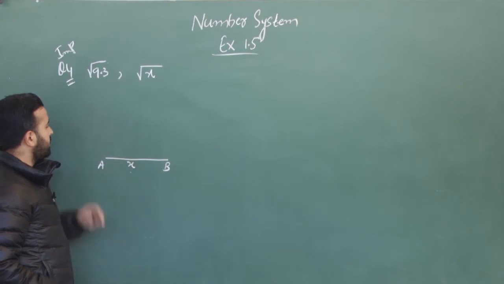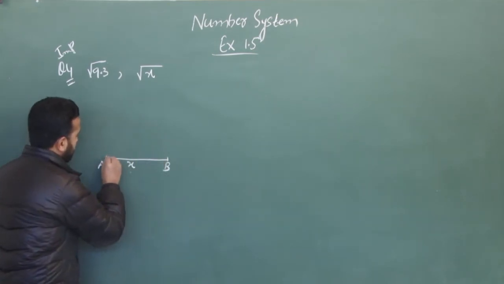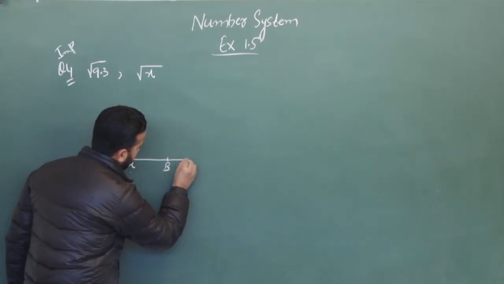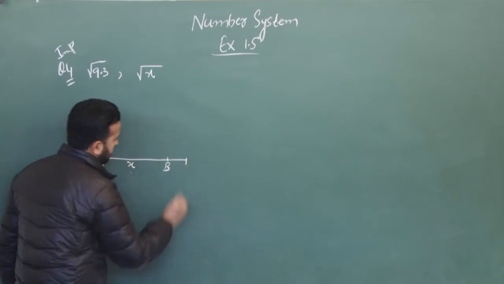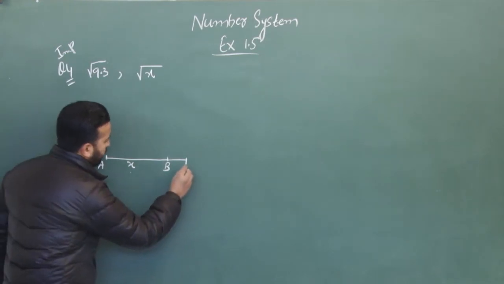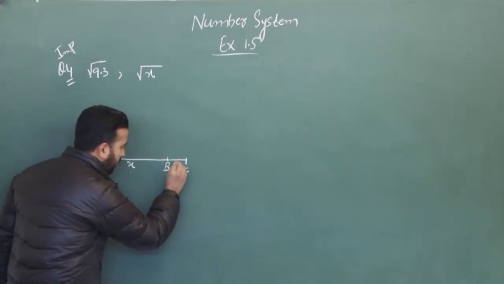The unit can vary. Then we have to extend this line segment AB on the right side up to the point C. How much do we have to extend it? 1 unit length.